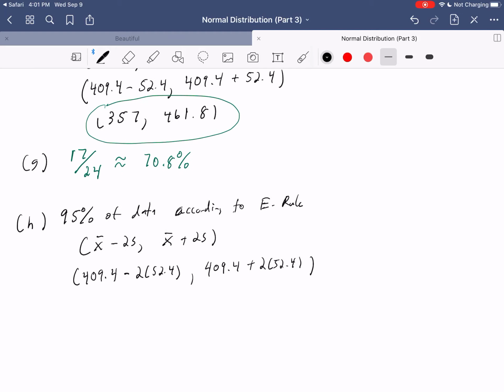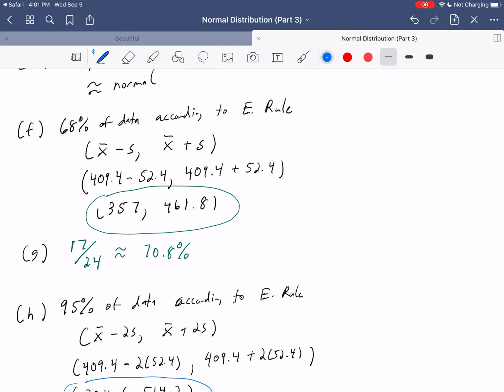So if we go ahead and do that, our low end should be 304.6, and our high end should be 514.2. All right, so let's do this in blue this time.